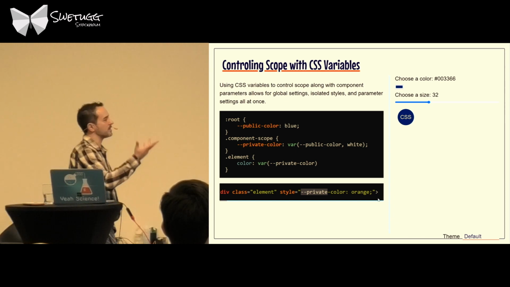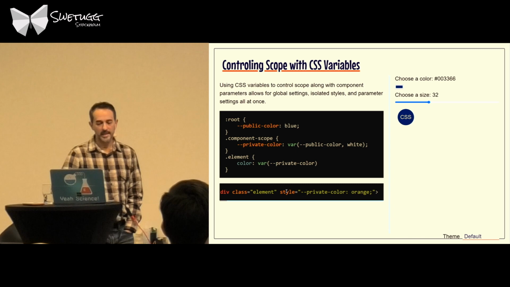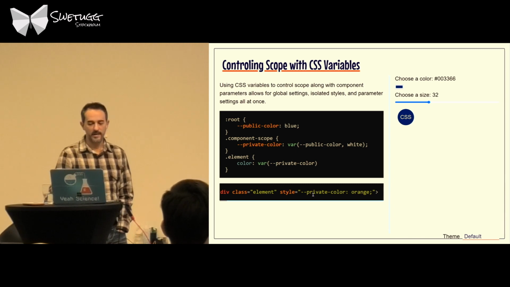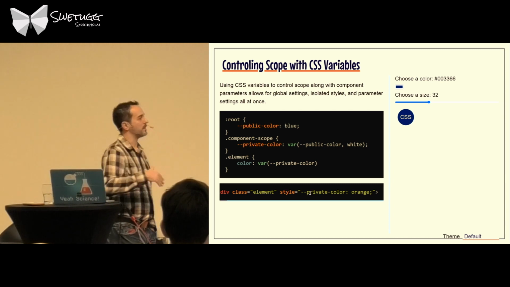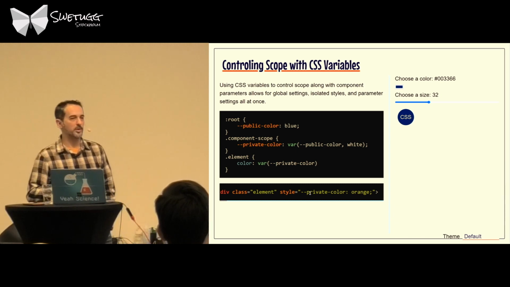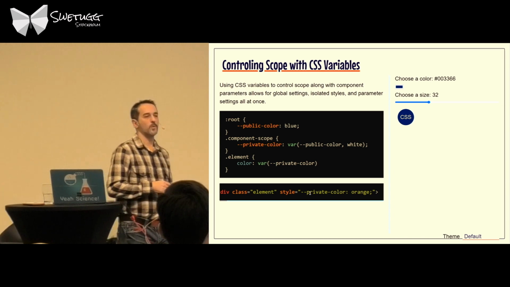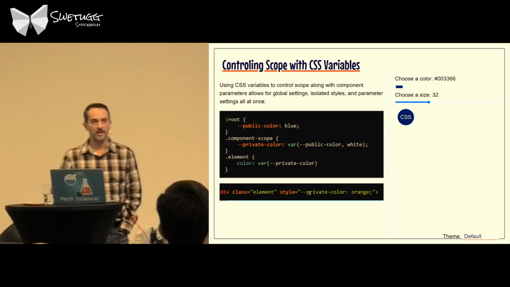So if I pass in a color, for example, as an inline style, anywhere that this color is used within that CSS isolation, that color will be overridden. So I'm getting to set many values at one time just by passing this in as an inline style.